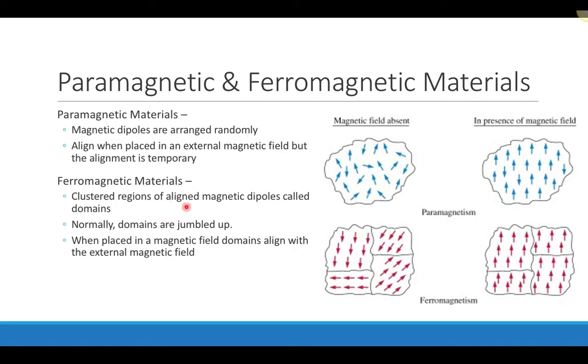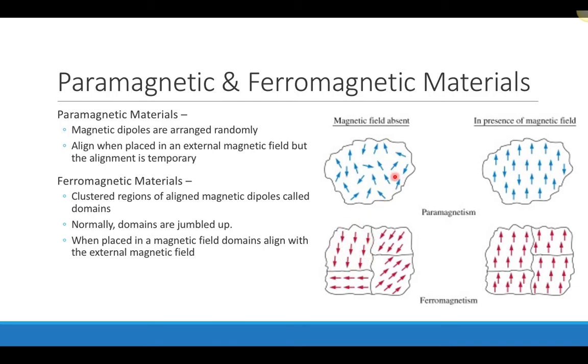Ferromagnetic materials, on the other hand, have these clustered regions of aligned magnetic dipoles, and they're called domains. So here is a ferromagnetic material, and there is a small region. This is like looking under a microscope, for example. In a certain region, there are these dipoles, but they're all lined up.